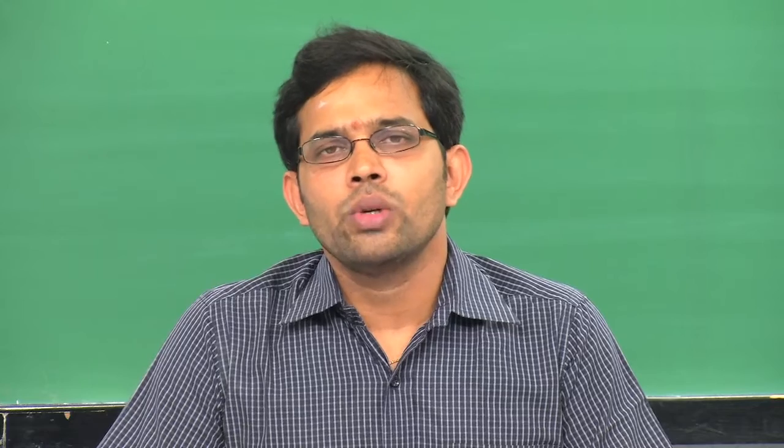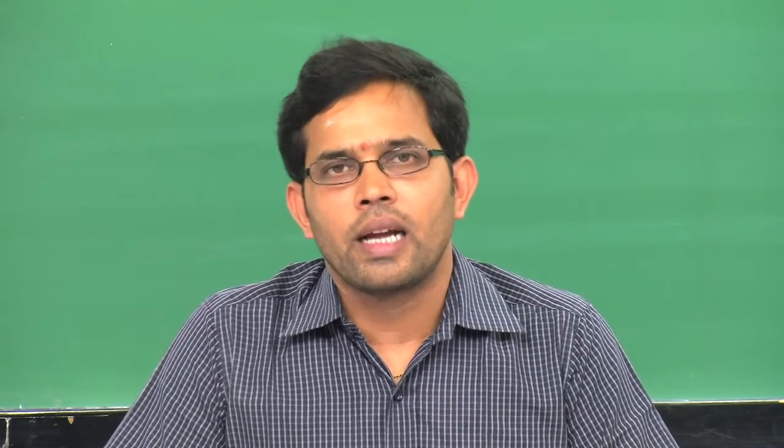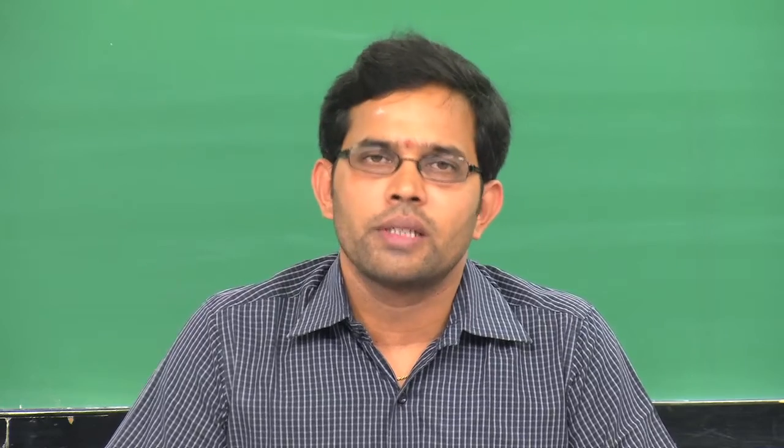But the reuse can also happen at runtime, that is a dynamic reuse. We can give an example for this. The dynamic reuse typically occurs when a loop of instructions is executed. When we consider a deeper pipeline and when we have a loop of instructions to be executed, one iteration of the loop body may be at the far end of the deeper pipeline, and the other iteration of the loop body may be at the front end of the pipeline.